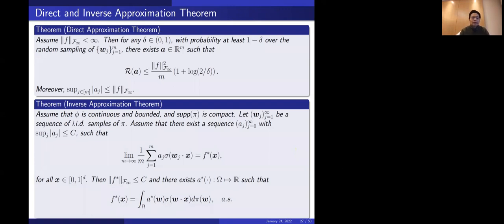So this is the direct and inverse approximation theorem, which says that for the random feature model there is an associated function space, namely F_infinity, for which the direct and inverse approximation theorem holds, and the convergence rate does not depend on the dimension.